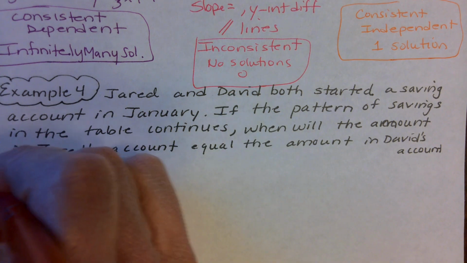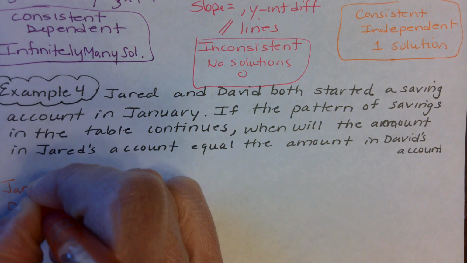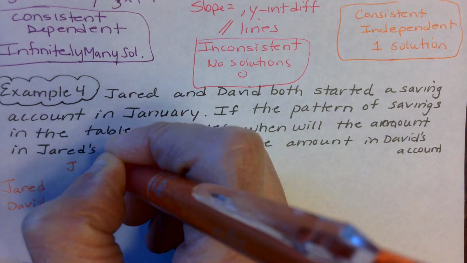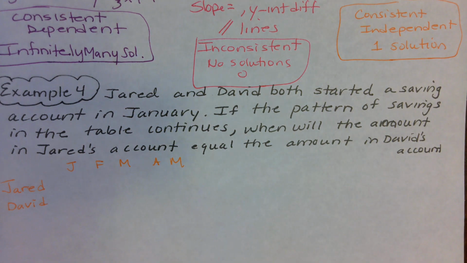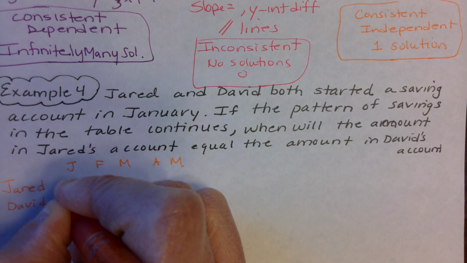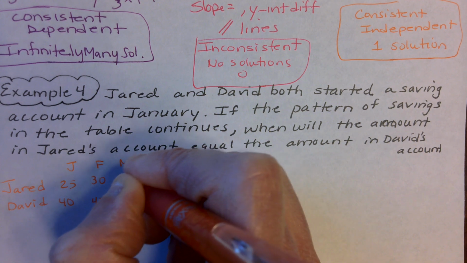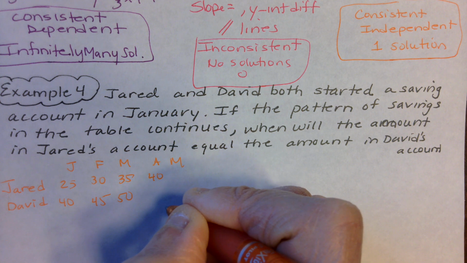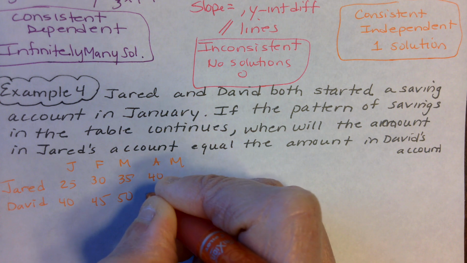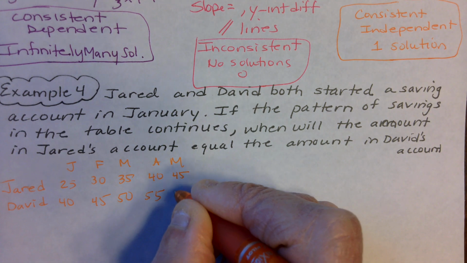So you might have this, but January, February, March, April, May. And then 25, 40, and 30, 45, and 35, and 40, and 55, and 45, and 60.